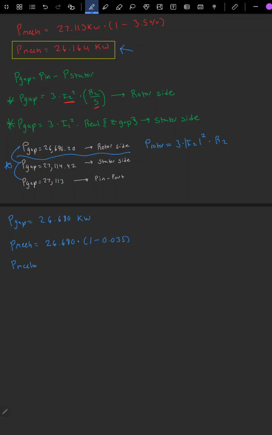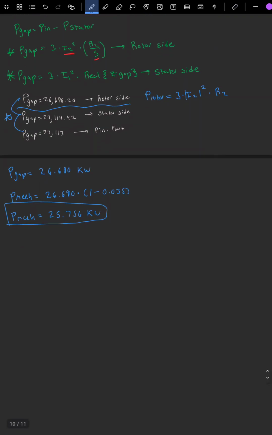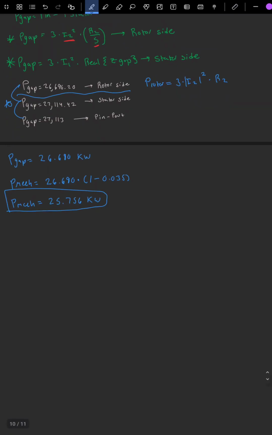So our mechanical power is going to be 25.756 kilowatts. See, we're comparing that to the 26.164 kilowatts that we got. Realistically, they're very, very close. But like I said, it's kind of a personal choice. As long as you're saying where you're deriving the equation from, I know that you'll get the points.